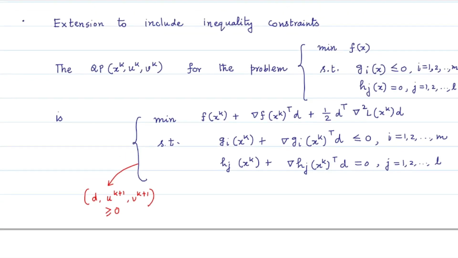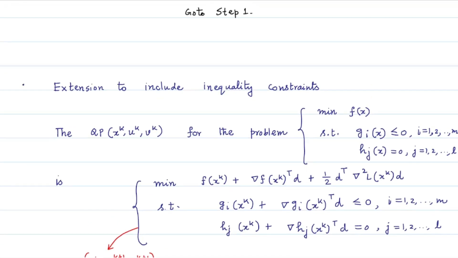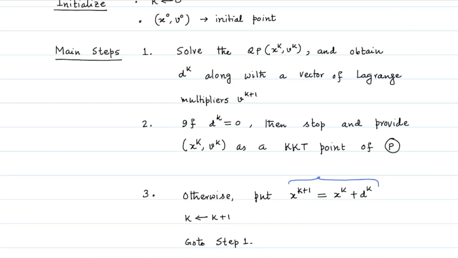Now with this QP(xk, uk, vk), we can just employ this algorithm where QP(xk, vk) has to be replaced by QP(xk, uk, vk), and all the steps are as they were over here. That will give us the algorithm for the sequential quadratic programming approach to solve a constrained optimization problem with equality and inequality constraints.